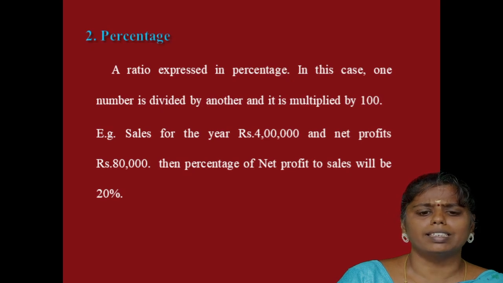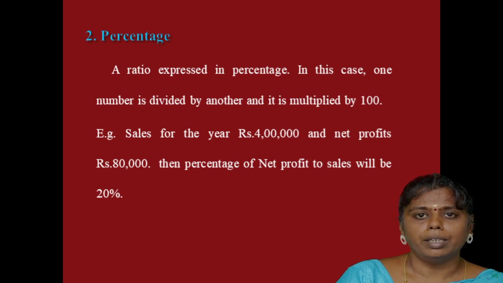Next, percentage. A ratio is expressed as a percentage when one number is divided by another number and multiplied by 100. For example, take the gross profit ratio: gross profit divided by sales into 100.